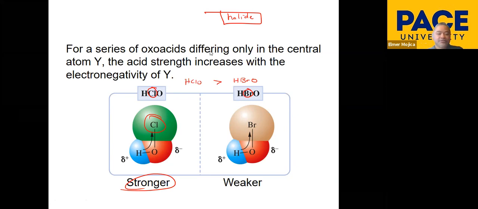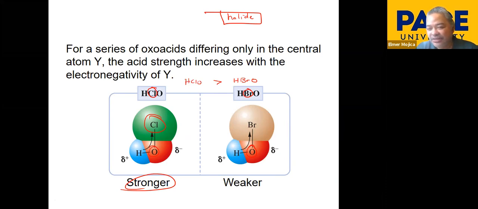So what does electronegativity do here? As you could see here, Cl is not connected directly to H. The one that connects the two is an oxygen. In terms of electronegativity, chlorine, being more electronegative than bromine, pulls the oxygen towards itself.